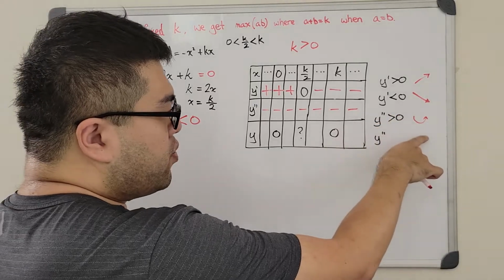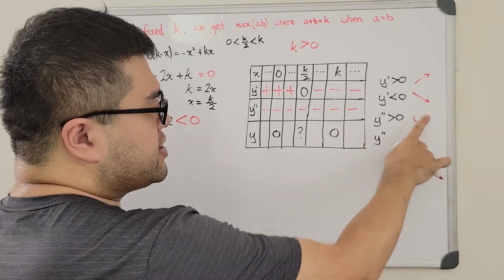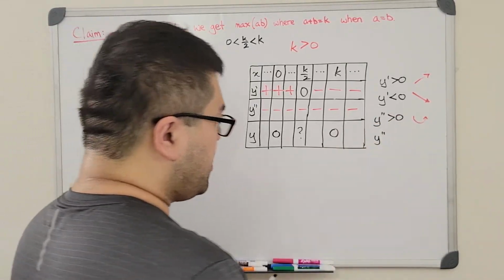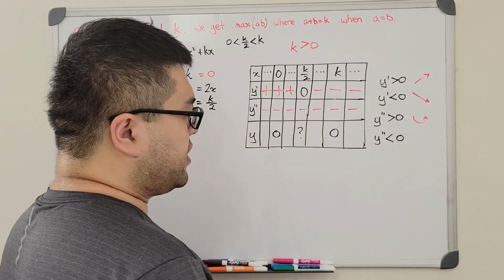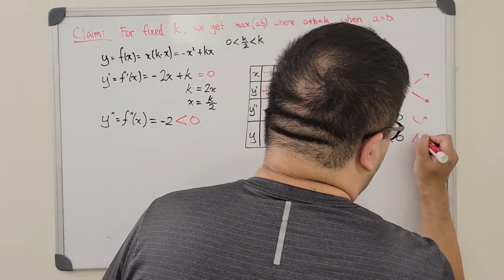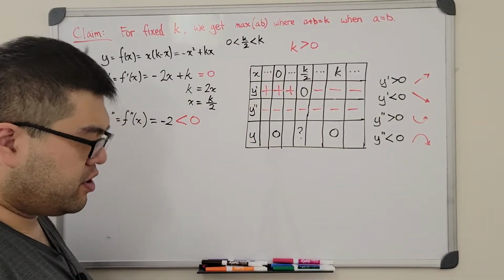So it could go downward, it could go upward, but it's always a U shape. If y double prime or second derivative is less than 0, it's going to give us an upside down, kind of like an N shape.